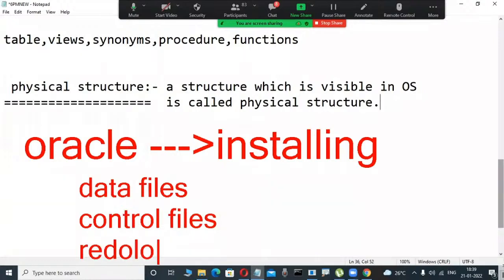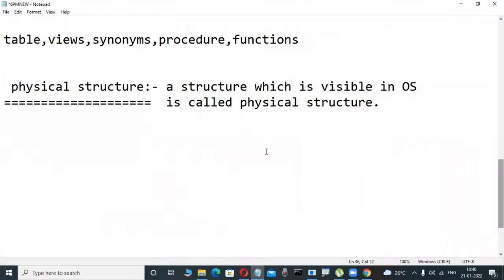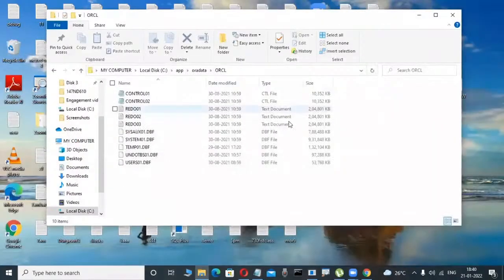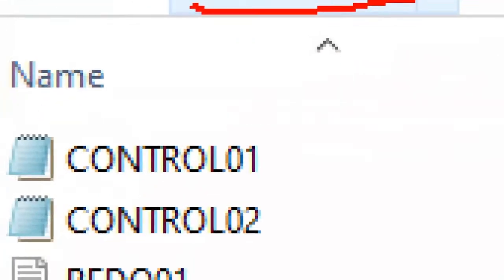You don't have an idea about these yet; in the future, in DBA concepts, this is just a rough introduction in our course. Some files are created in the C drive or D drive.